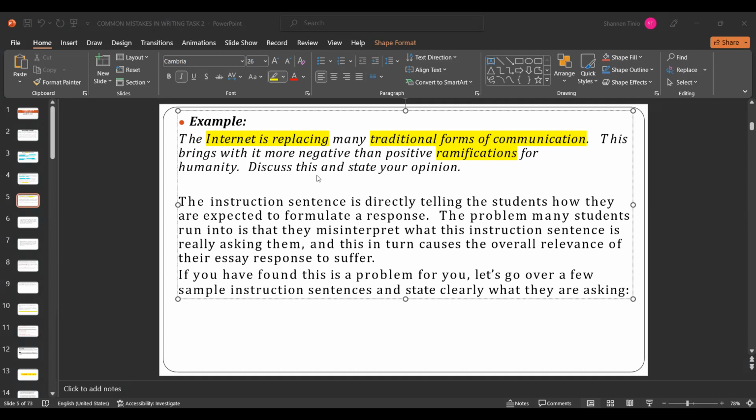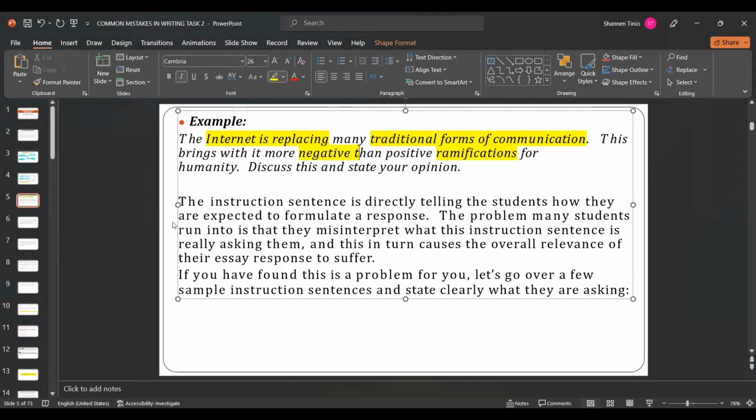Now, discuss this and state your opinion. Okay. The instruction here is gusto niyang malaman kung do you agree on it or do you disagree? Pero ang pinaka gusto niyang malaman from you is yung negative consequences of internet replacement.